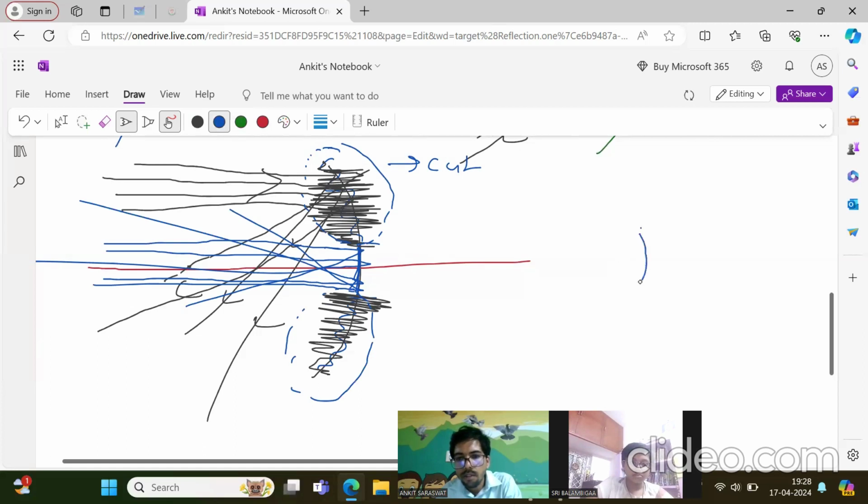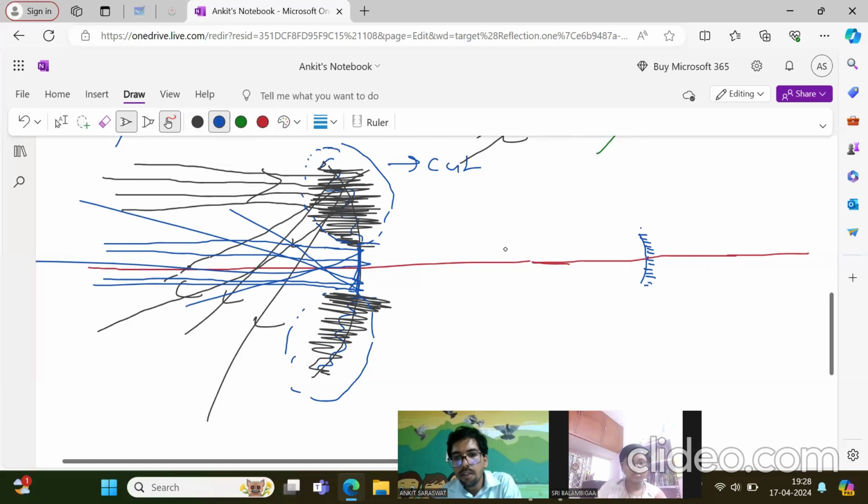This is the small aperture concave mirror. I will take this only. Then if you take this small aperture, there will be a single focus only. There will be no multiple focus.